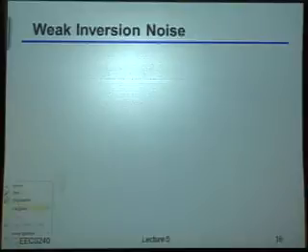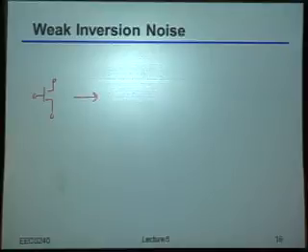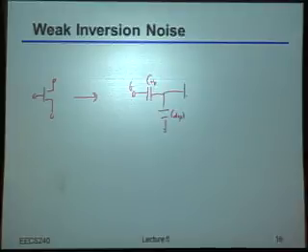So in other words, just as a reminder, once we're in weak inversion, our equivalent model for the MOS transistor basically becomes effectively a BJT. Right, we have the oxide capacitance, depletion capacitance. This is, of course, our gate.